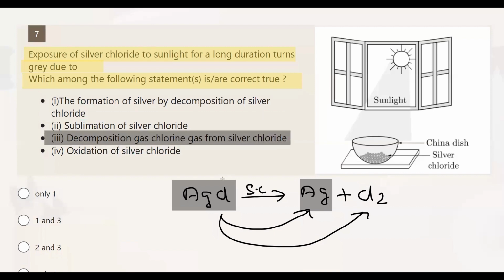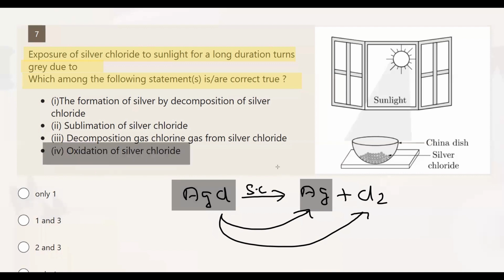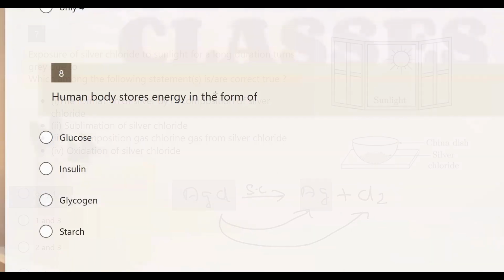Decomposition of chlorine gas, no, it's not chlorine gas here. This is silver chloride. So chlorine gas is not a reactant, so definitely not. Oxidation, not at all, because we can see there is no addition or removal of either hydrogen or oxygen. So A is the only correct answer for this.